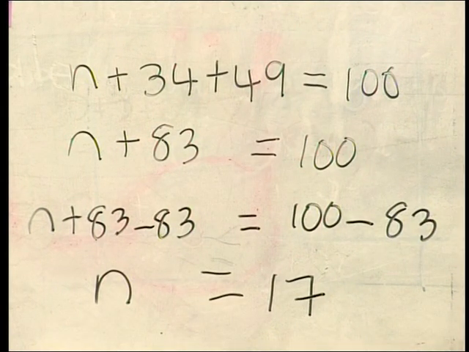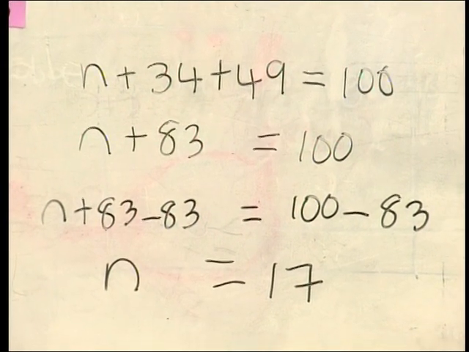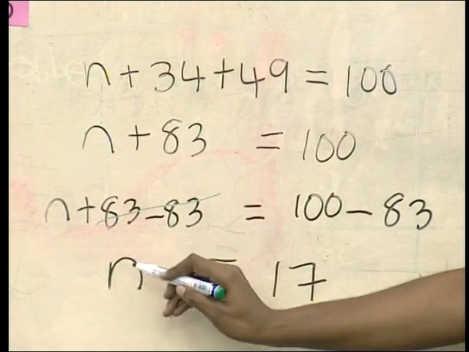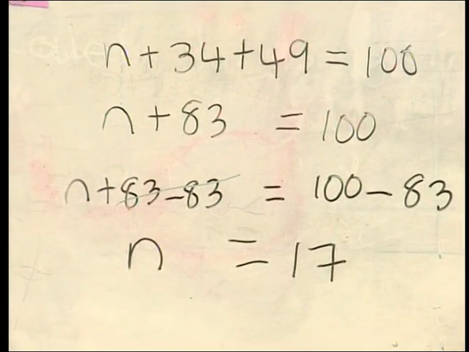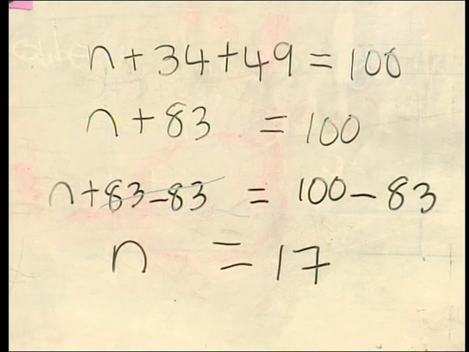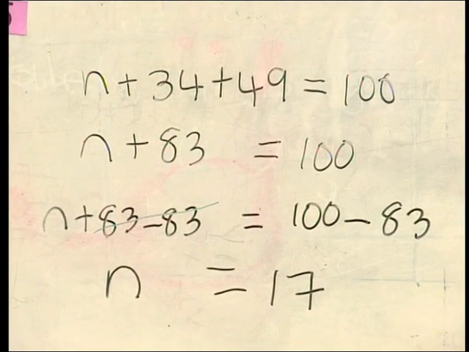Okay? This is what I meant here. Okay, 7Es and receiving students. So you cross this one off so that you have N on its own. So the value of N is 17.